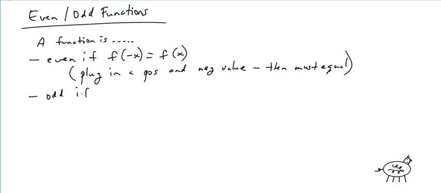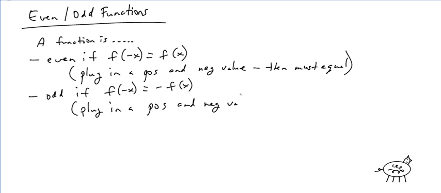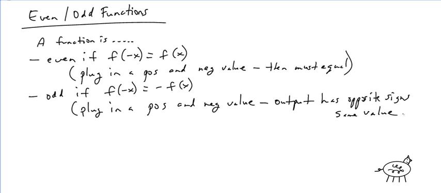Okay, odd. Basically, if f of negative x equals negative f of x. Okay, so this one you plug in a positive and negative value, and the output has the same value, but opposite signs.